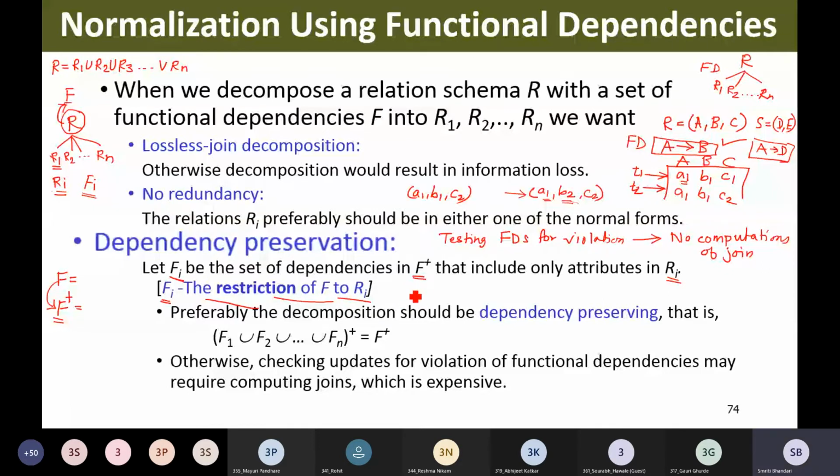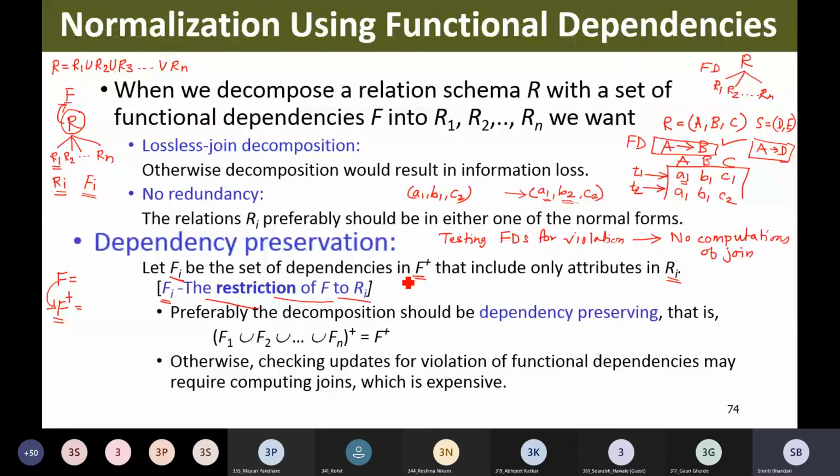So with respect to every relation in the decomposition, now we have a set of functional dependencies Fi that includes only the attributes in Ri. Now, under dependency preservation, we need to follow one condition.